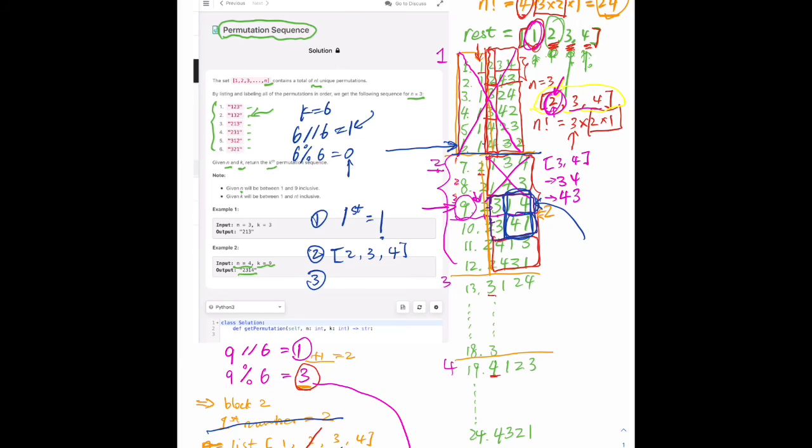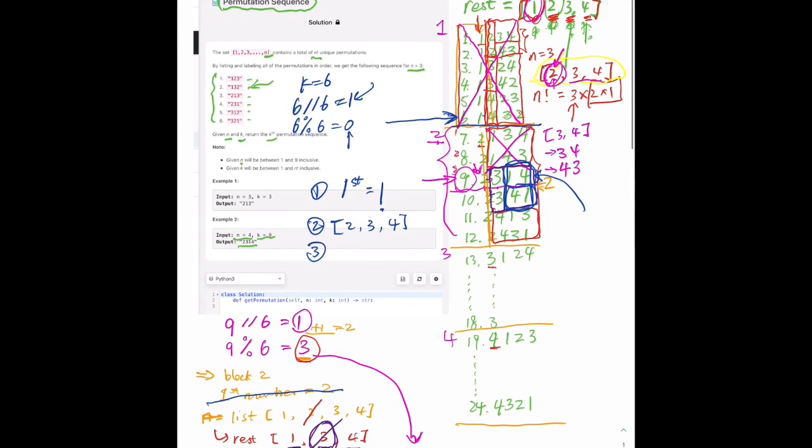We know that all of the permutations are ordered, so the last number in the first block should be the biggest one. So that means it's pretty simple. All of the combinations consist of 2, 3, and 4. The last number must be 4, 3, 2.